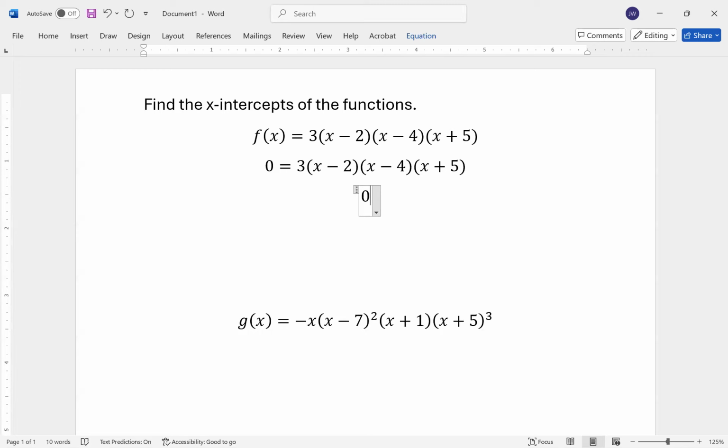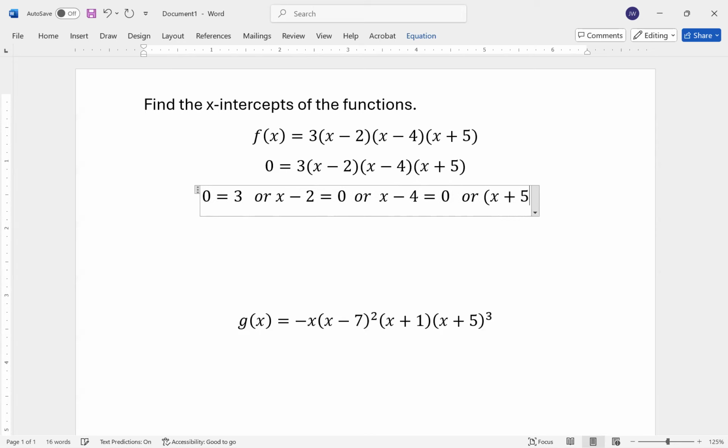So either 0 is equal to 3, or 0 is equal to x minus 2. I'm going to rewrite that as x minus 2 is equal to 0. Or x minus 4 is equal to 0. Or x plus 5 is equal to 0.